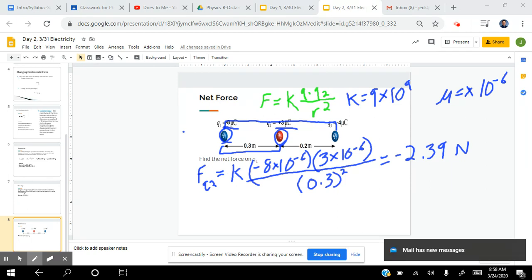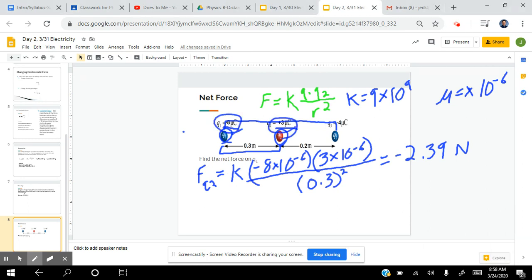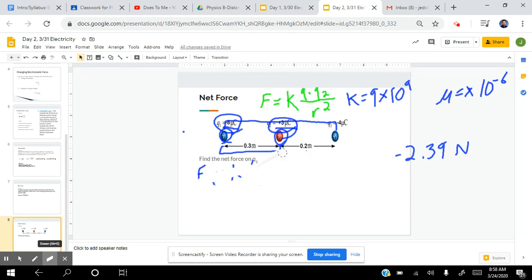And that should make sense because we have a -8 charge over here, and we have a positive charge over here on Q2. Okay, so I'm just going to leave that number over there. So that is force of Q2. And then let's go and solve for force of Q3.